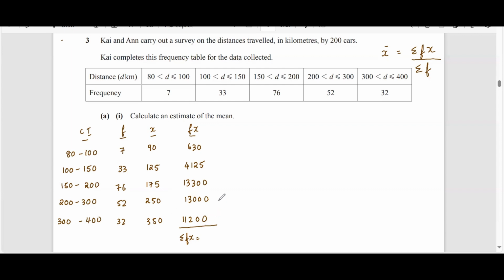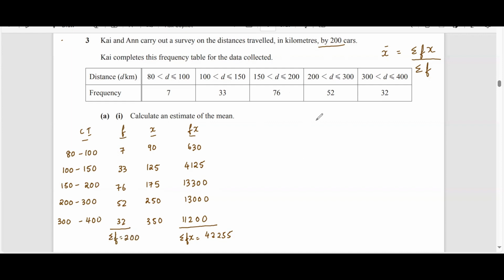Sigma fx means adding up all of these fx values. So that is 630 plus 4,125 plus 13,300 plus 13,000 plus 11,200, which will give us 42,255. Sigma f means adding up all the frequencies. It's also given here that there are 200 cars, and if you add them up, you will still get sigma f as 200.